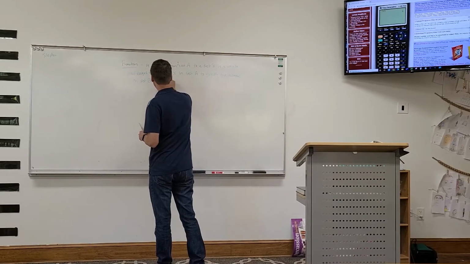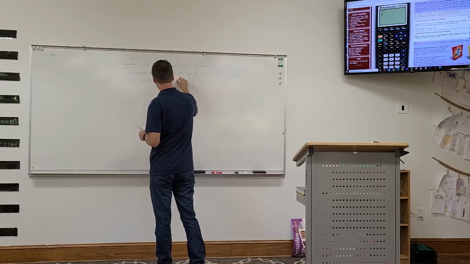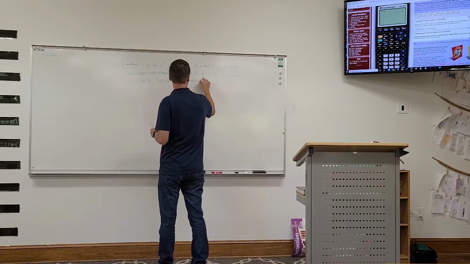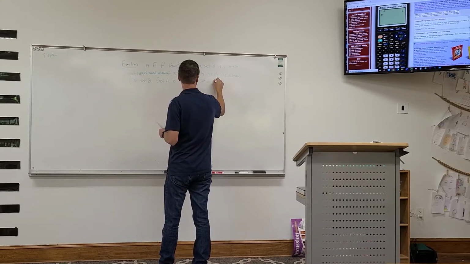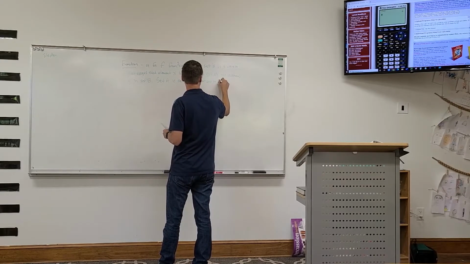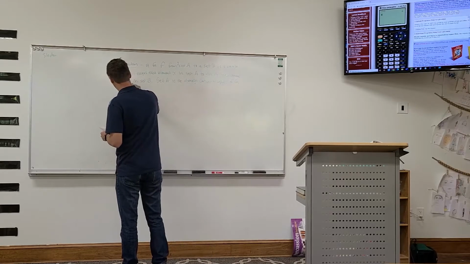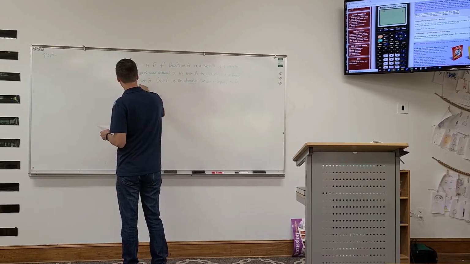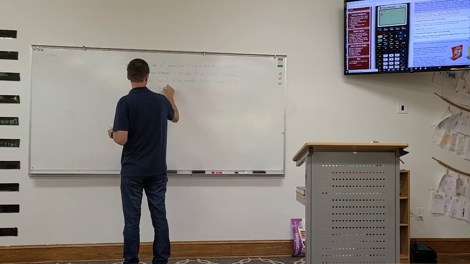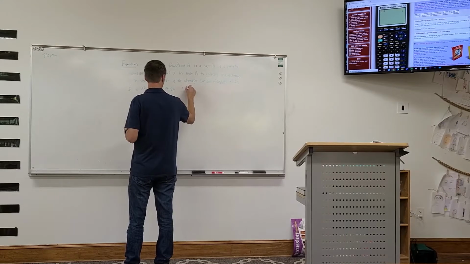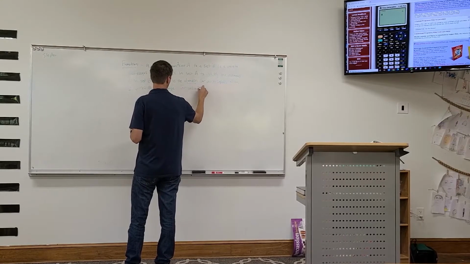We call set A the domain, or set of inputs. So make sure you know the definition of domain, what that's talking about, of function f. And set B is the range, or set of outputs.